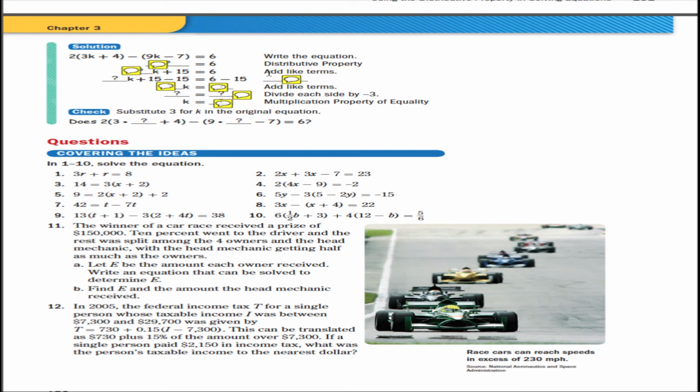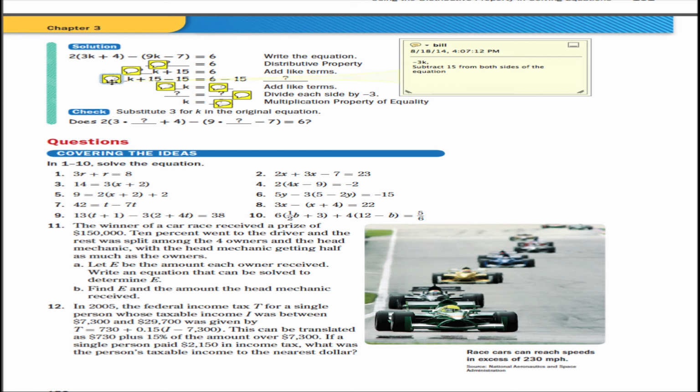On the next line, where we add like terms, we get that this is a negative 3k, because 6k minus 9k is negative 3k, and 7 plus 8 is 15, and that all equals 6. And then on the next line down, that's going to be a negative 3k still.